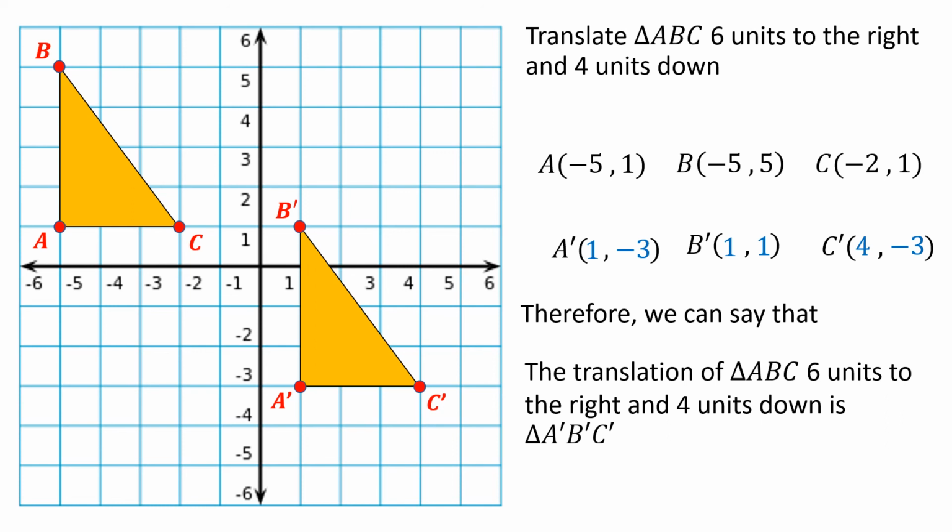Now, in this case, we can say that the translation of triangle ABC, 6 units to the right and 4 units down, is triangle A prime, B prime, and C prime.